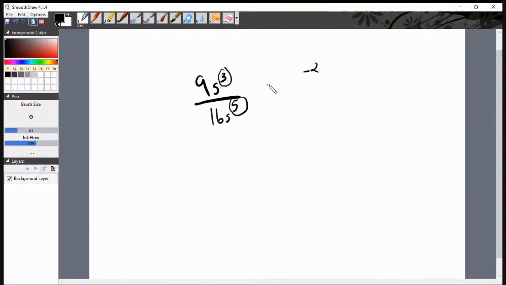So you could try to divide these and give some sort of a decimal. Well, you really can't actually divide them.